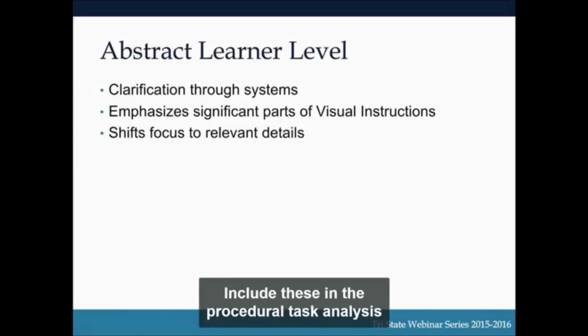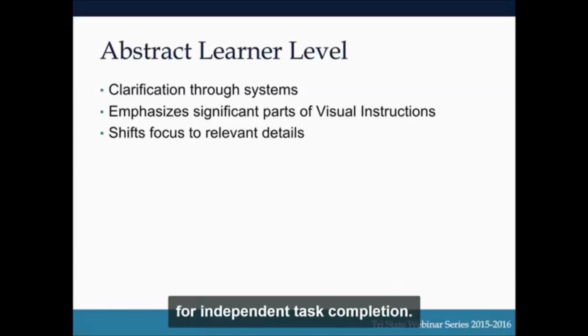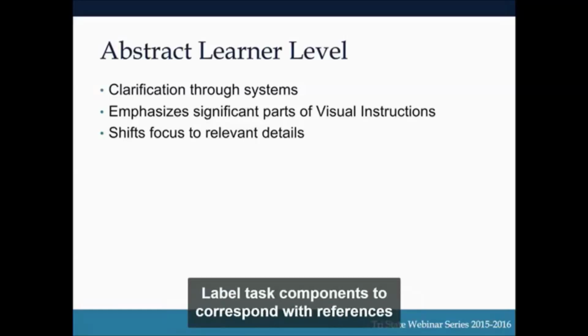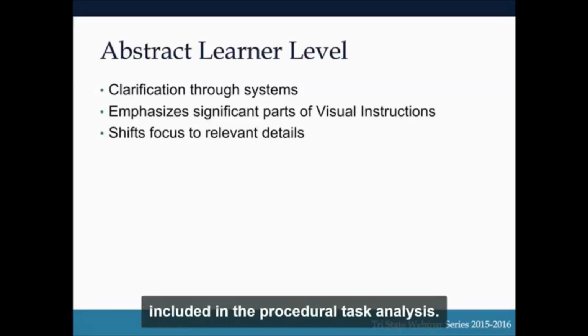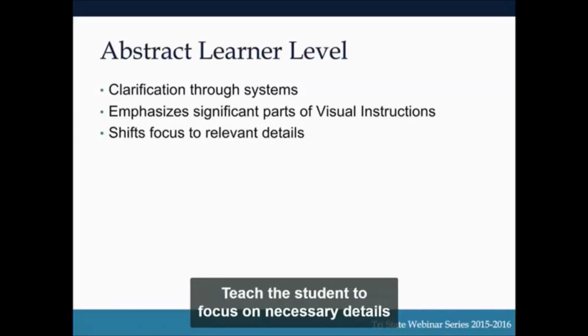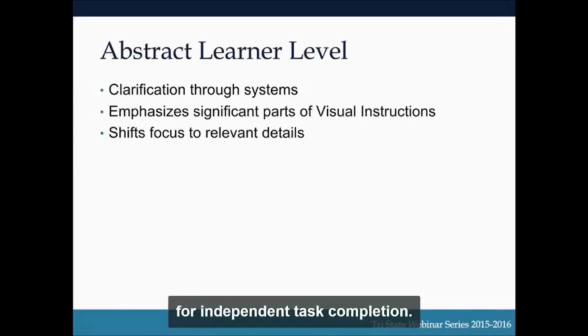Include these in the procedural task analysis for end-of-task completion. Label task components to correspond with reference included in the procedural task analysis. Teach the student to focus on necessary details for independent task completion.